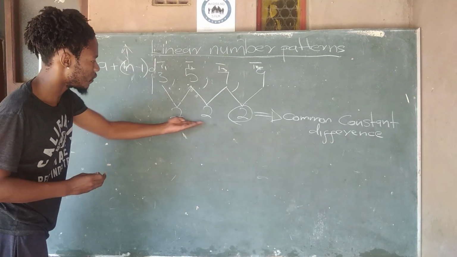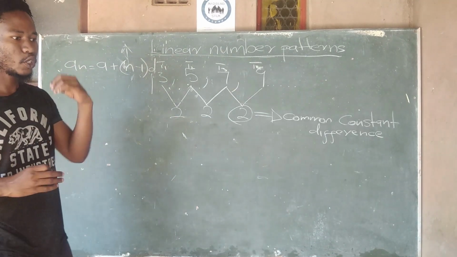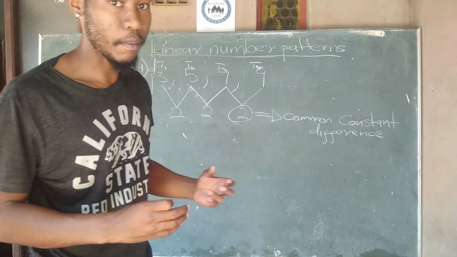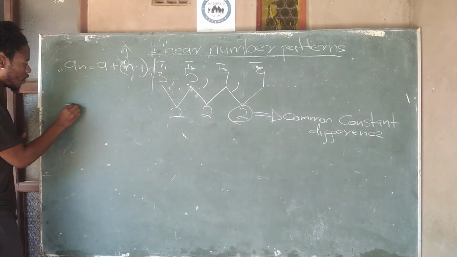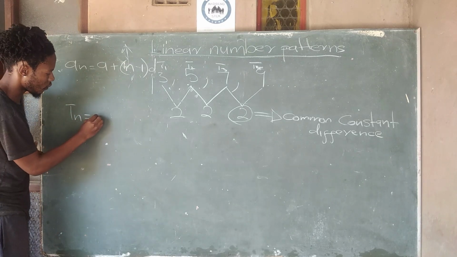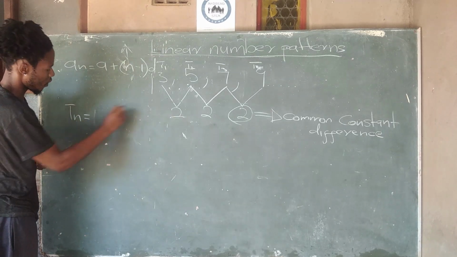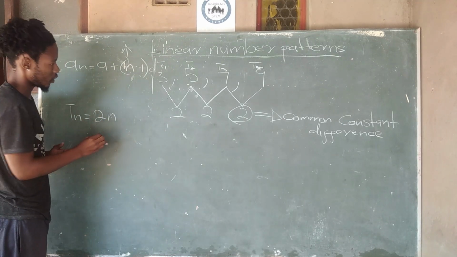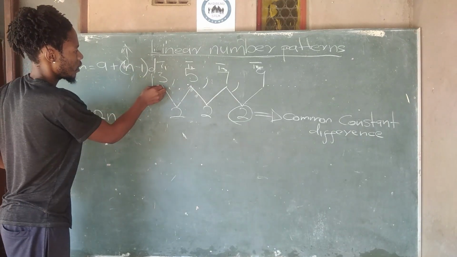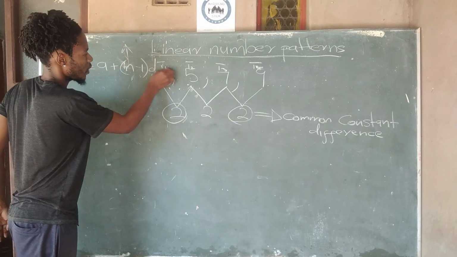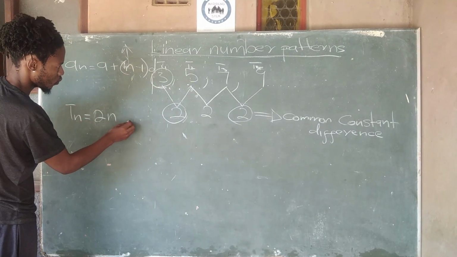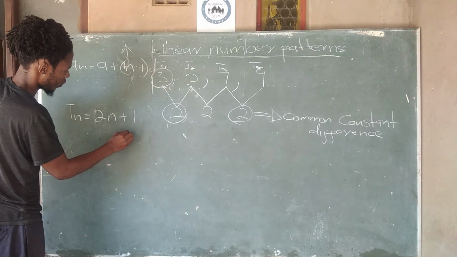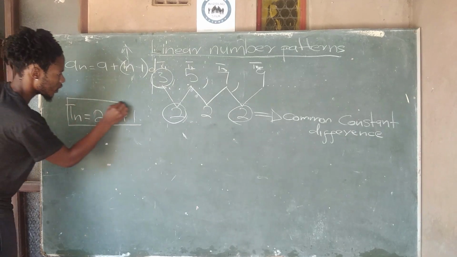Your constant difference will be the one that you multiply with the number of the term you're looking for. Because it's 2n here, then you subtract your common difference from the first term. So it's 3 minus 2. 3 minus 2 is 1, guys. So this is your general term for the sequence.